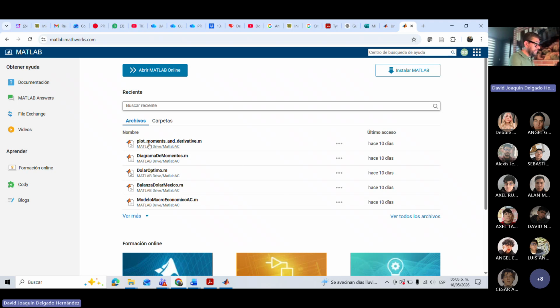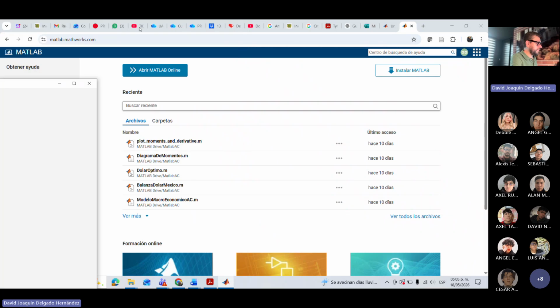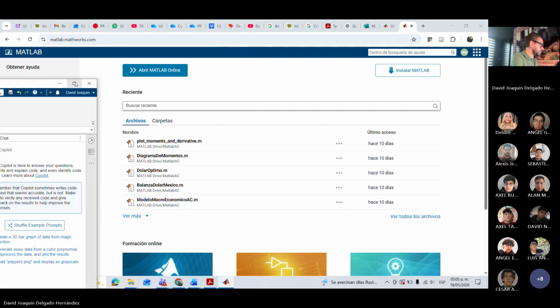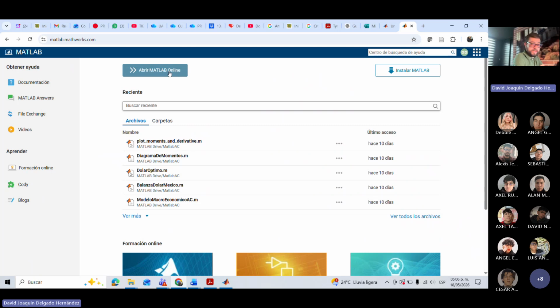So here you have two options. You can open Matlab online or you can download it. Okay. For instance, in my case, I have already downloaded the Matlab and I have this desktop version. This is my version in my computer. But you can open here online.